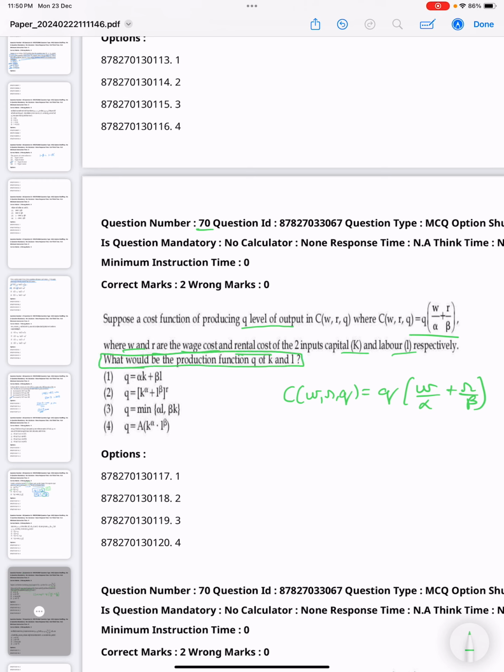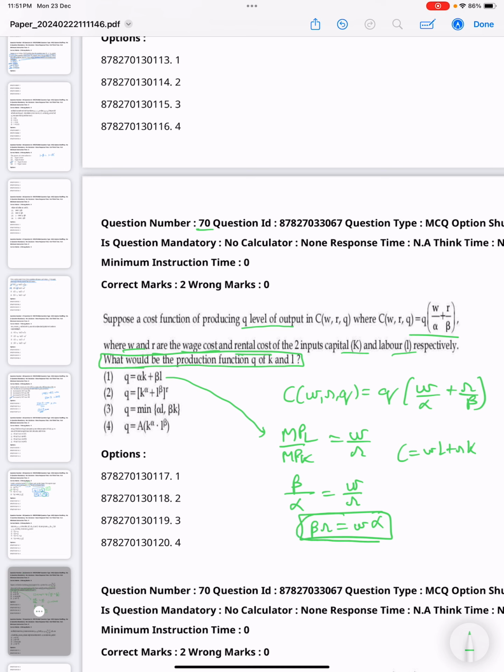To solve this, MPL by MPK should be equal to w by r. This gives MPL is beta, MPK is alpha, equal to w by r. If we solve it, we get beta r equals w alpha. Similarly, the total cost function is wl plus rk, so we can substitute these values there.